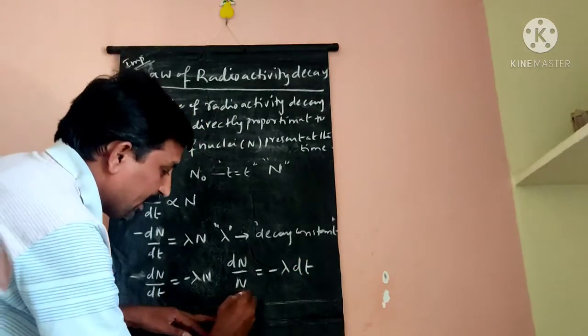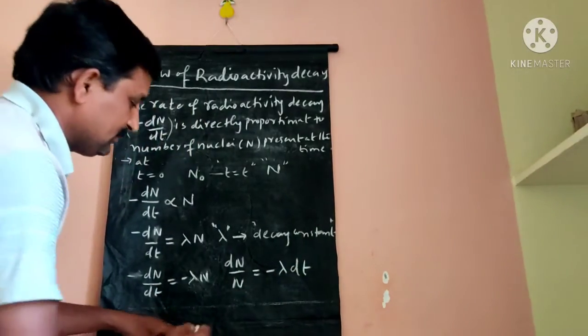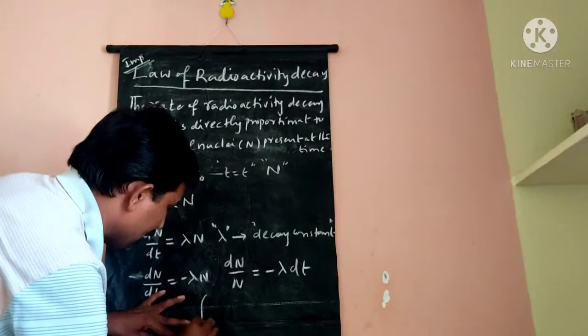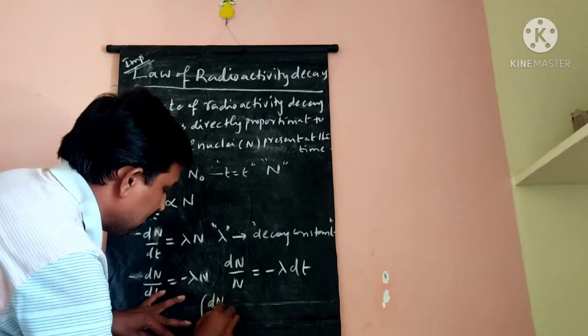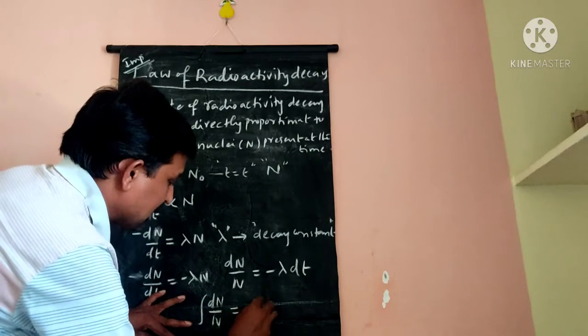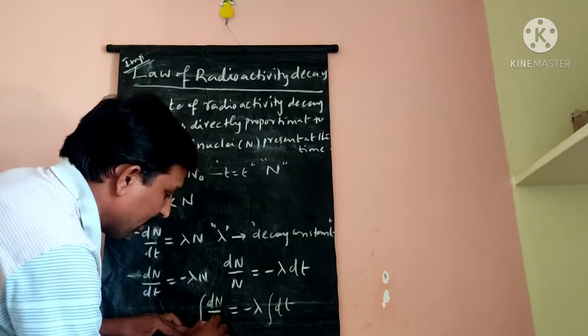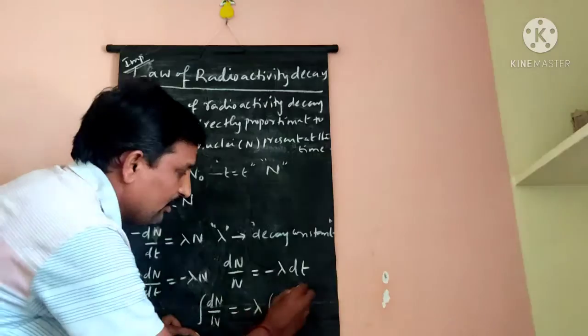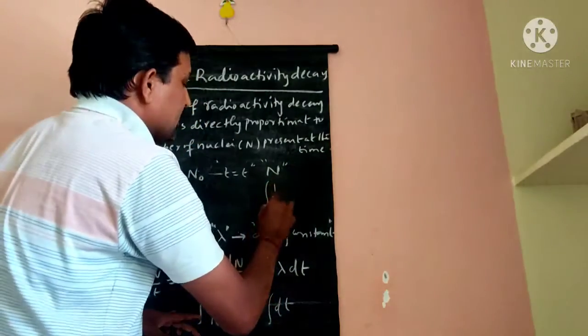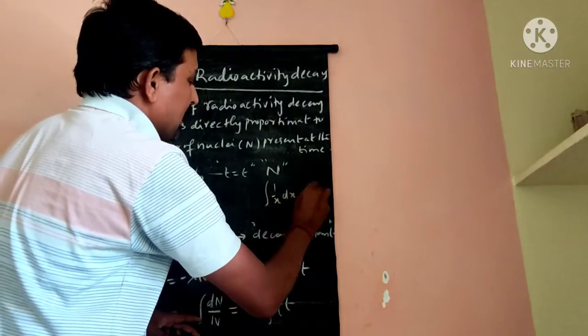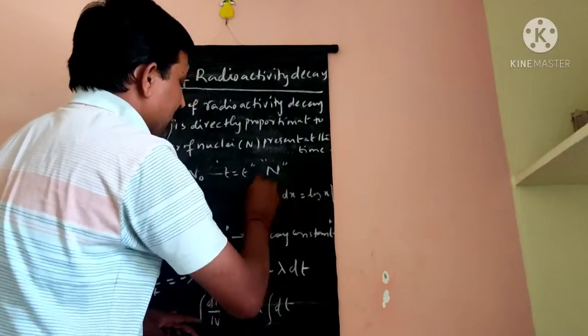Integrating both sides, integration of dN by N equals minus lambda into integration of dt. Here 1 by N dN: we know that the integration of 1 by x dx is log x, according to the mathematical principle.